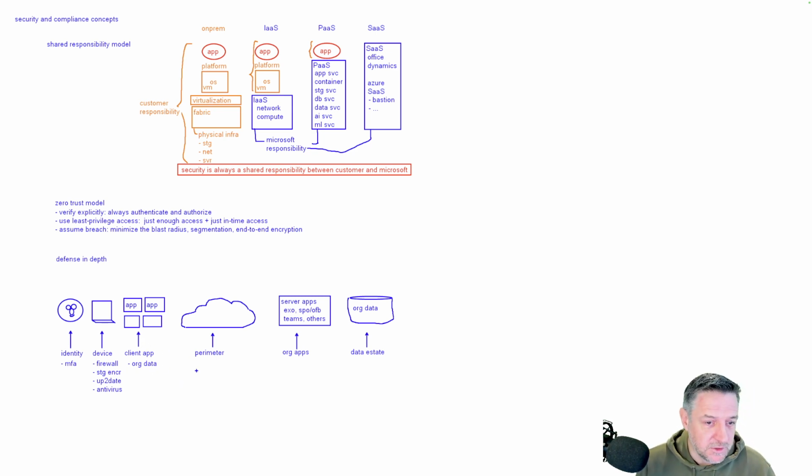When it comes to the perimeter here, we could think about blocking certain locations from accessing. For example, you could say, I don't want anyone who is located in Russia or North Korea or any other country that we find scary. We don't want connections to be allowed from a certain location.